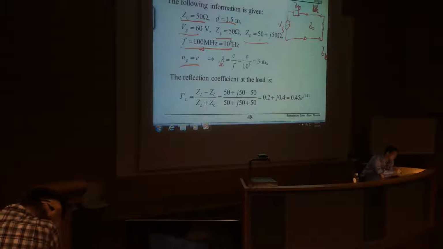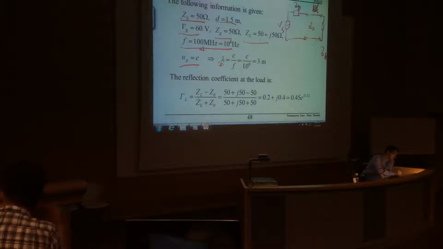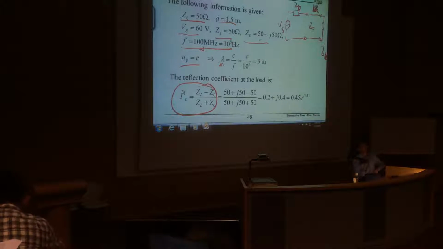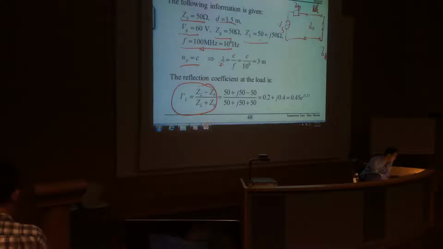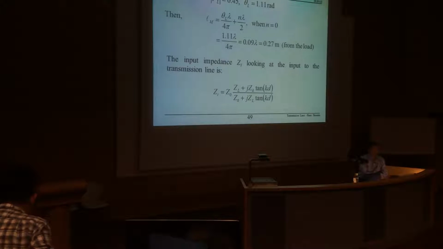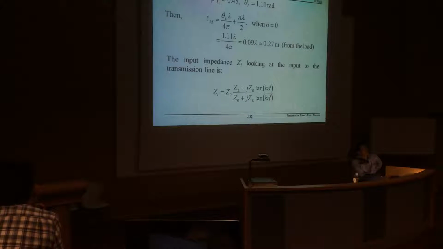So the reflection coefficient at the load is very straightforward. This is a very important equation, the reflection at the load. Then the first question is to find the location of the maximum, so we just use this equation.